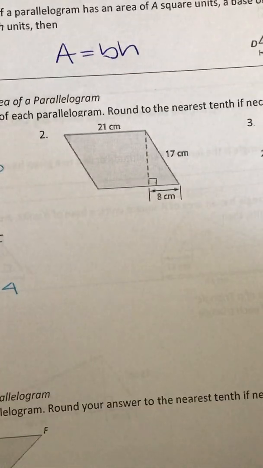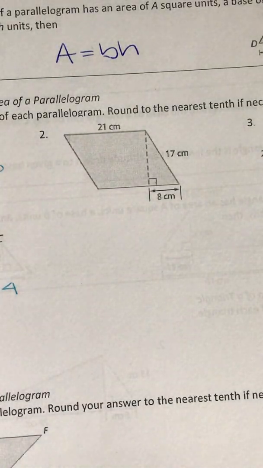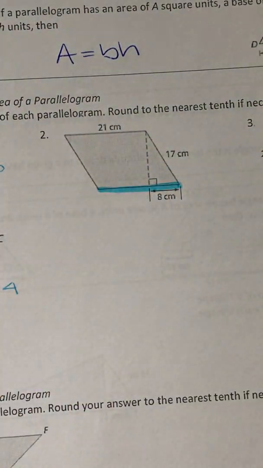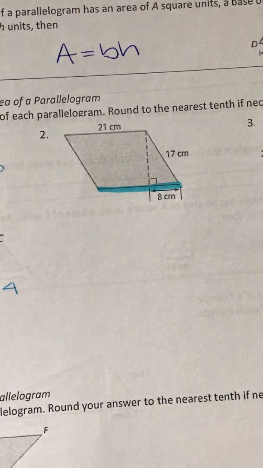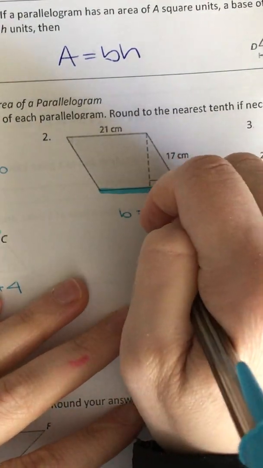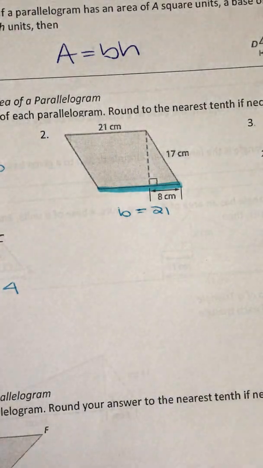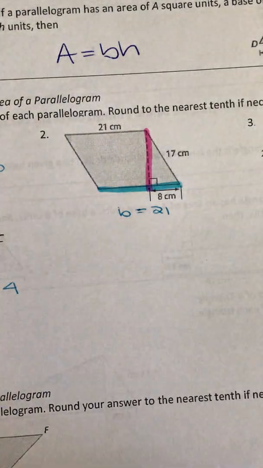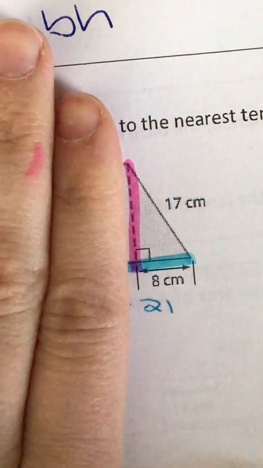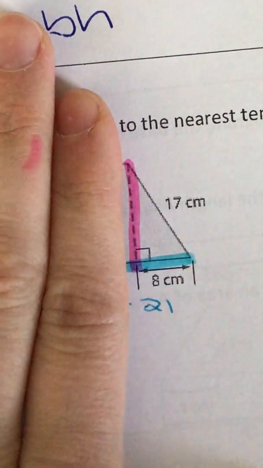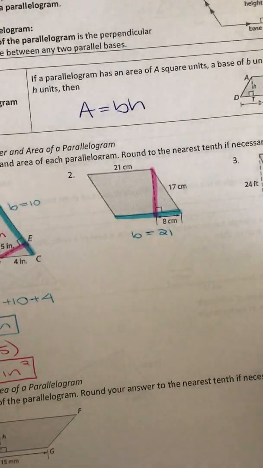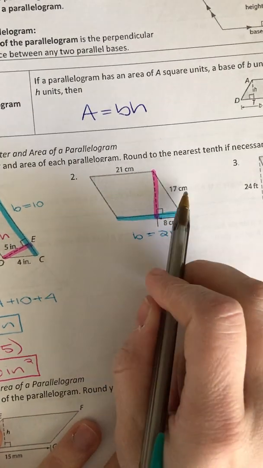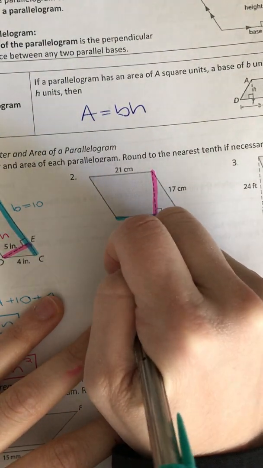Let's move on to the next one. If you notice here, my base, I'm not looking at that 8, I'm going to look at the whole thing, which will be 21, is given to me, but my height is not. So what I'm going to do is cover this up and look at this as a right triangle. And I'm going to do Pythagorean theorem in order to find what that height is. So that's why that 8 is there, because I'm going to use the 8 and the 17. So I'm going to call it H for height.